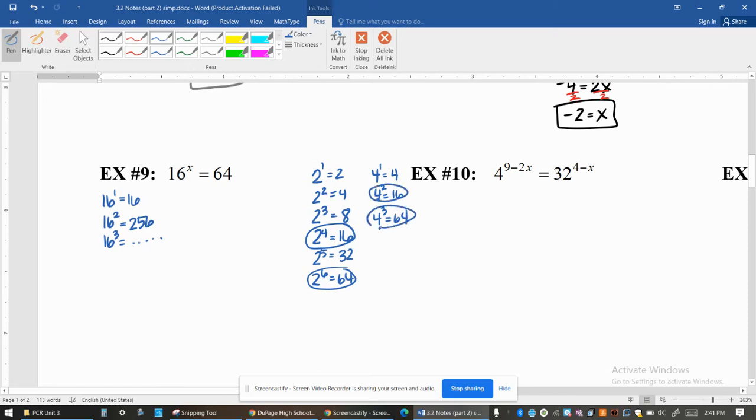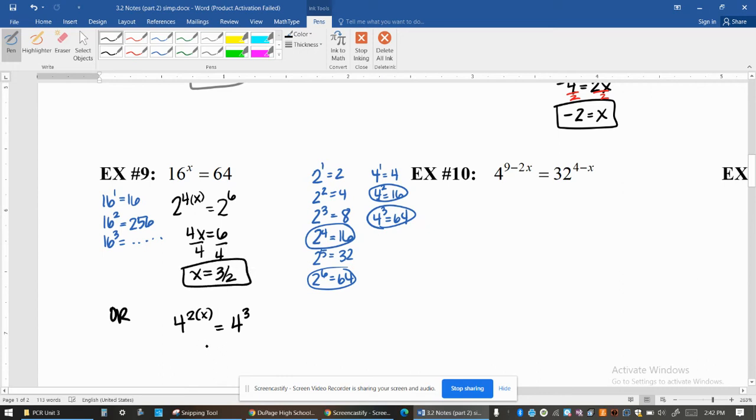So it's just a matter of whichever one you want to use. You can do it both ways. You can write it as 2 to the 4th power and 2 to the 6th power, or you can use 4 squared and 4 cubed. You will end up with the same answer. So you'd get 4x equals 6, divide by 4, and you get 3 halves.